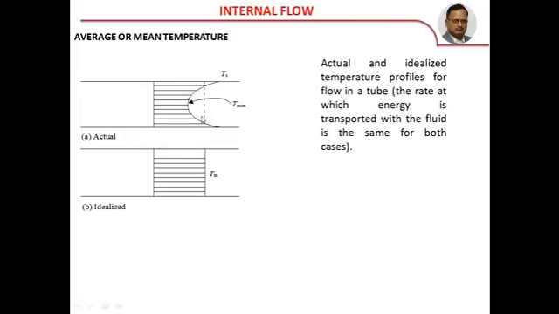Similarly, because the temperature is also varying, what should be the average temperature or mean temperature? So this is the actual temperature profile while fluid is flowing. The minimum temperature, hot surface we are assuming, Ts is greater than T infinity. So you have maximum here and minimum at the center, and then it reaches maximum.